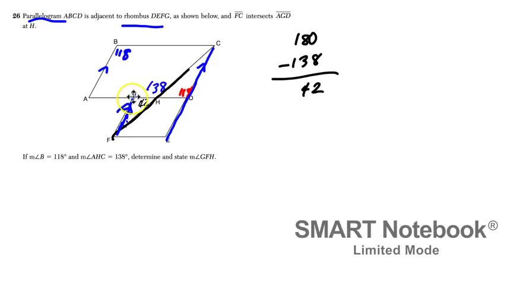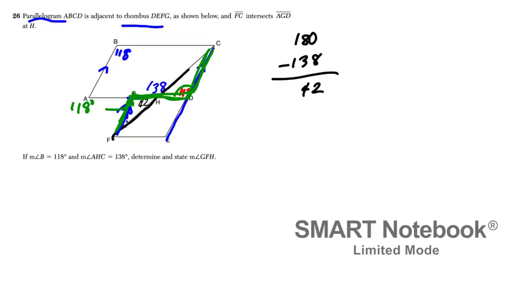Because I've got a nice little transversal right here. AGD is a transversal that intersects these lines, forming, see the Z shape here that I'm tracing? CDGF is a Z. So that means that angle FGD and CDG are alternate interior angles, so they're congruent. So if this is 118, then this angle in here is also 118 degrees.